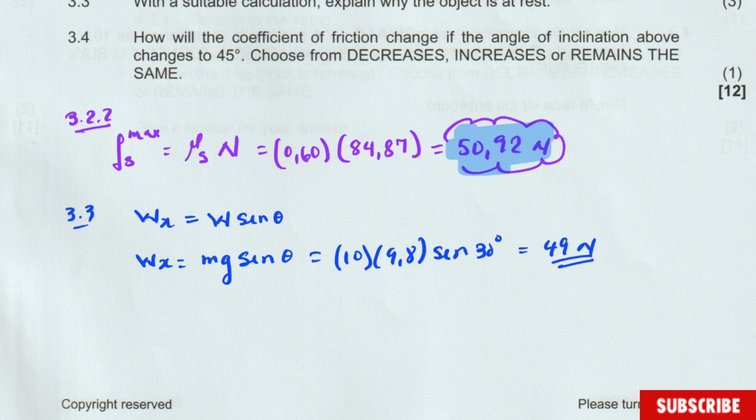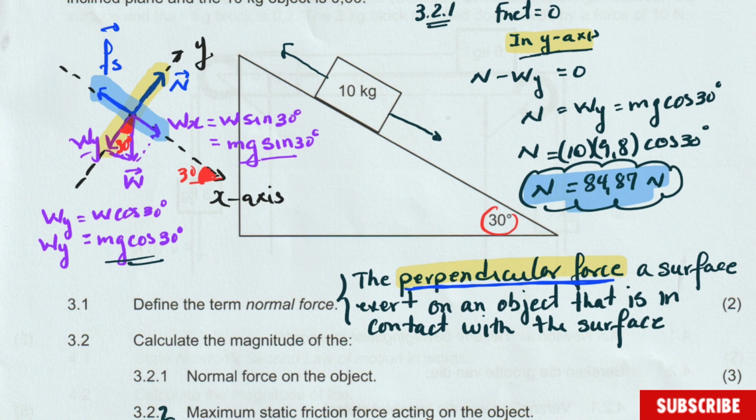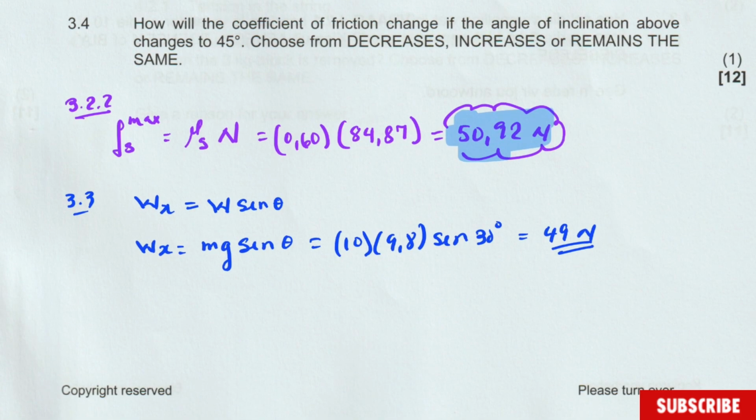This one is the weight in x. Now, if you go back here, this force is 49 Newton, but the maximum static frictional force was 50,92. So you can see that the maximum static frictional force is bigger than the weight in the x-axis. That is the reason why the object is at rest.